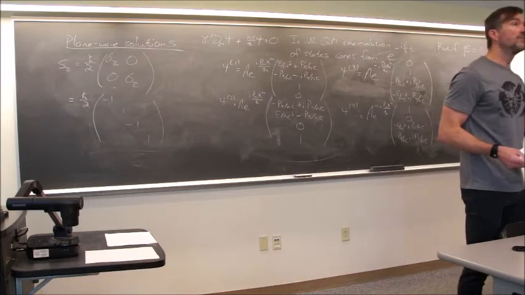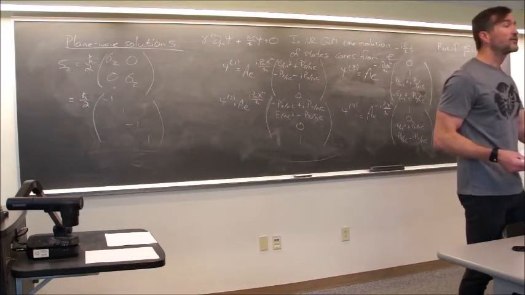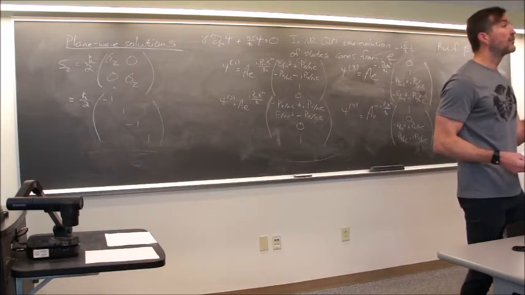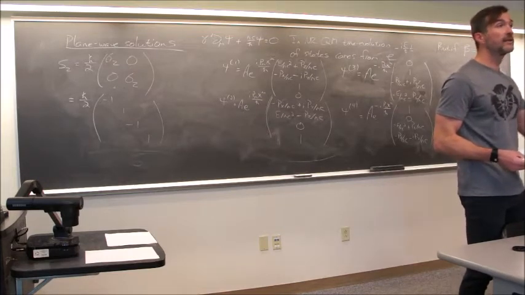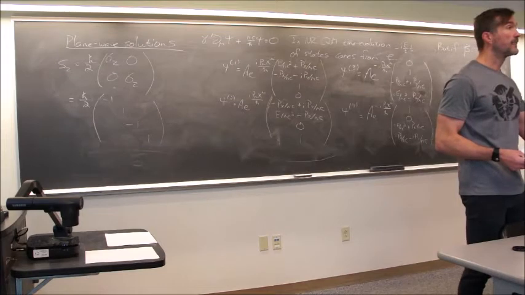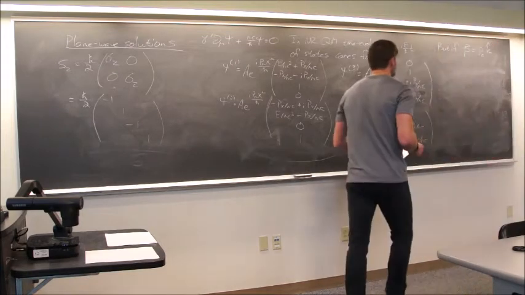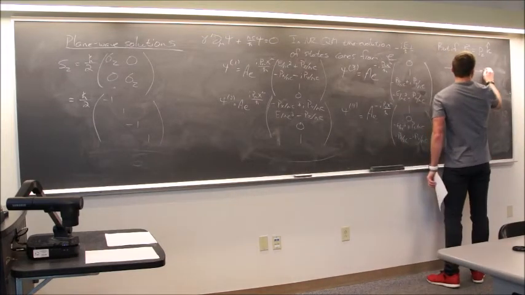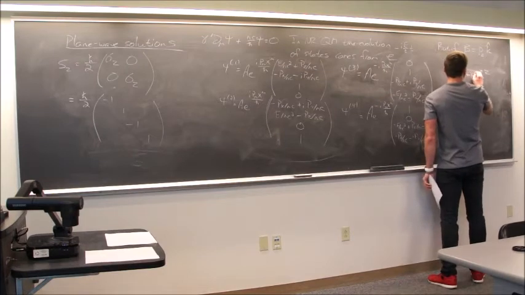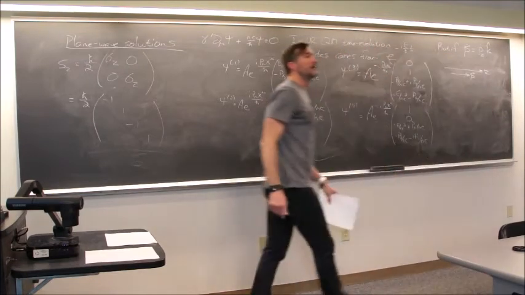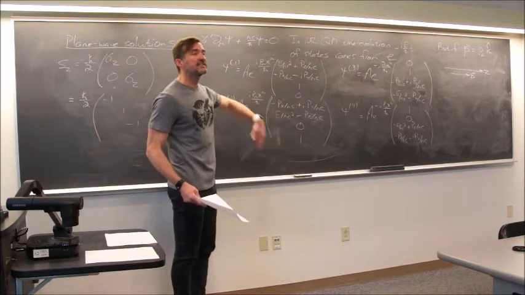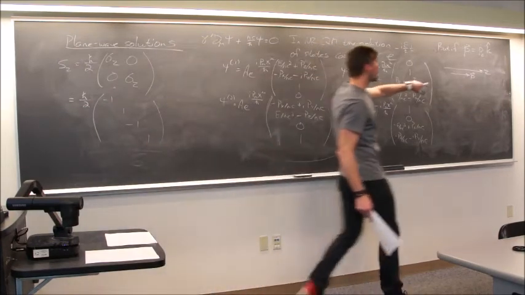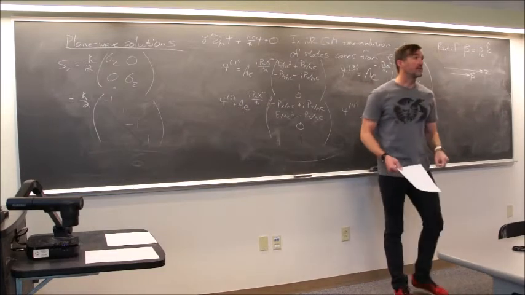But once a particle's moving, the three spatial directions are not on equal footing, because one of them is the direction of motion, and then the other two are perpendicular to it. And all we're seeing is that if we choose the z-axis to be along the direction of the momentum of the particle, then we can actually interpret each of these as spin up or spin down along the momentum direction.